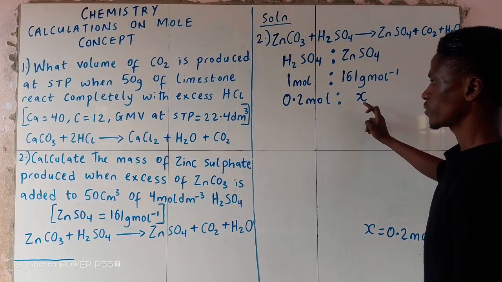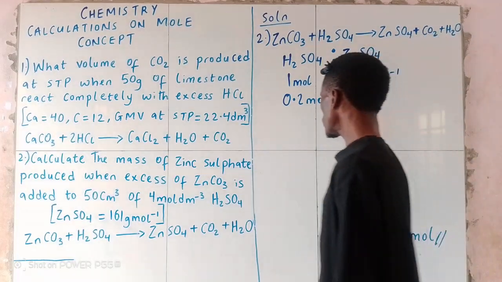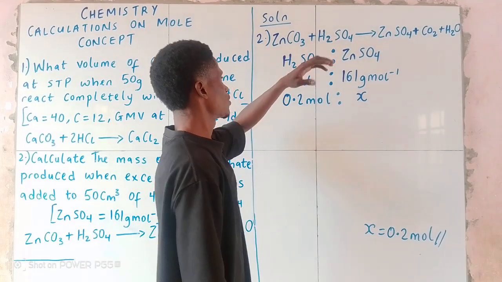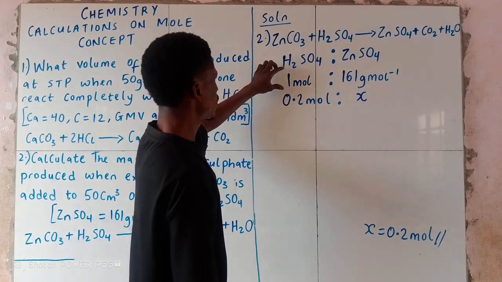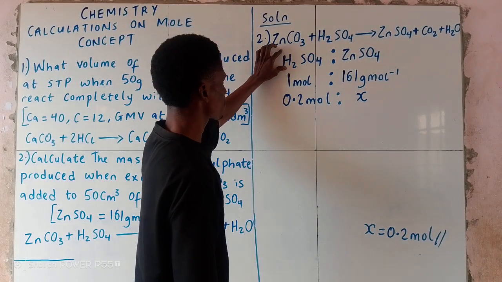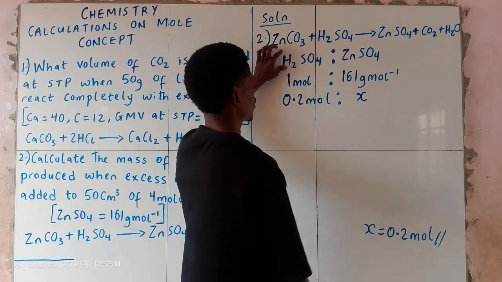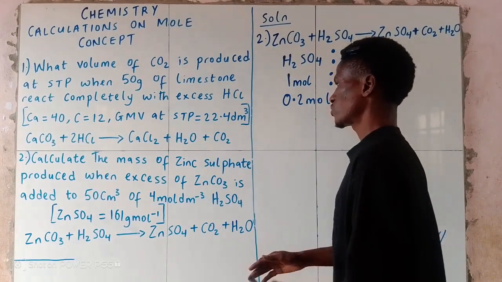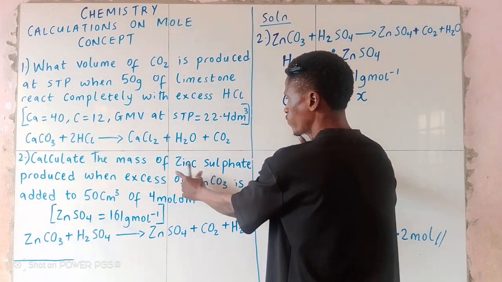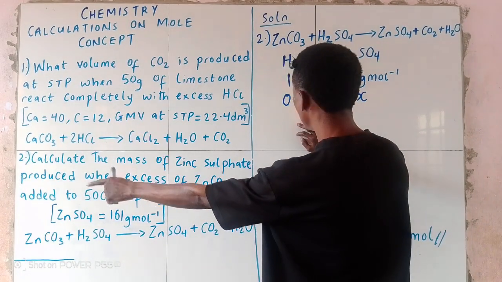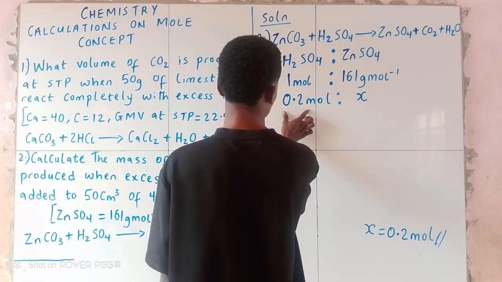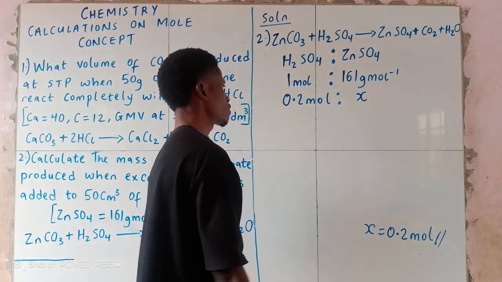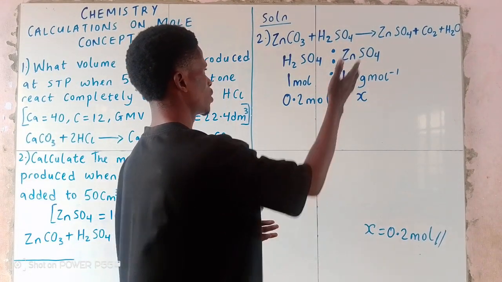So from the equation, 1 mole of H2SO4 produced 161 gram of zinc sulfate. So what's the question now? What mass of zinc sulfate will be produced if we use 0.2 mole of H2SO4? So my next step here is to cross multiply.